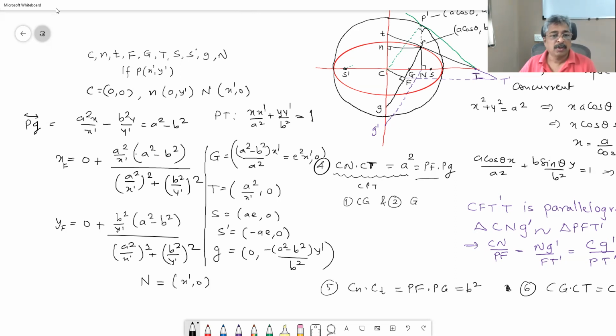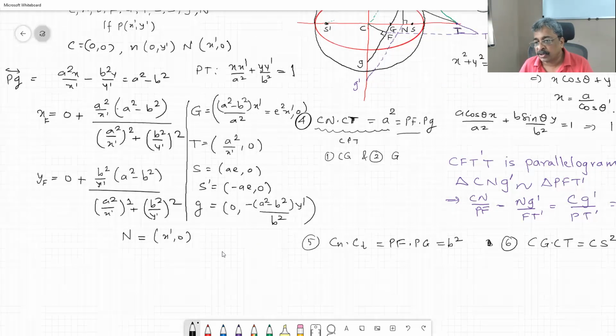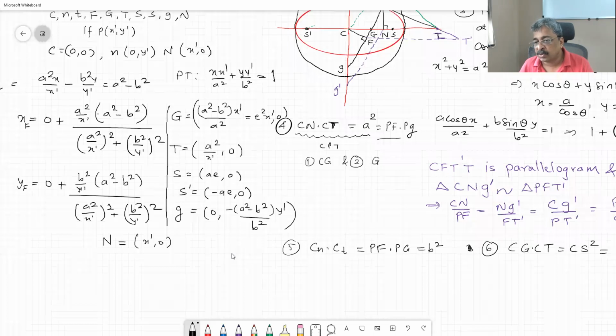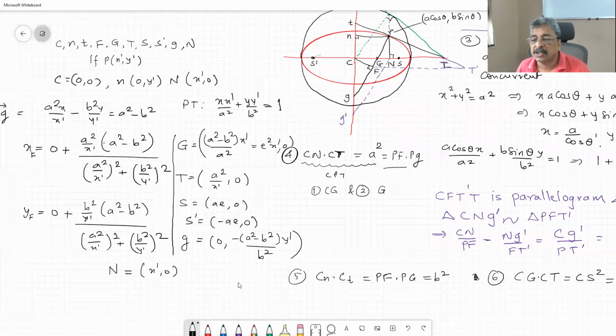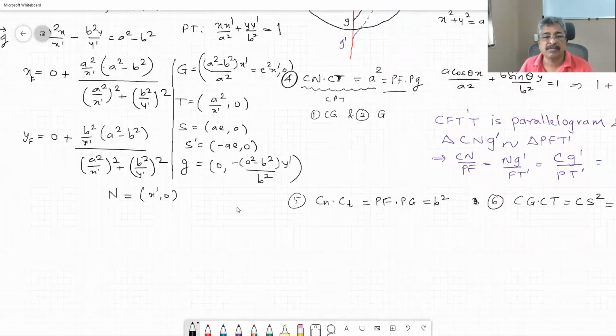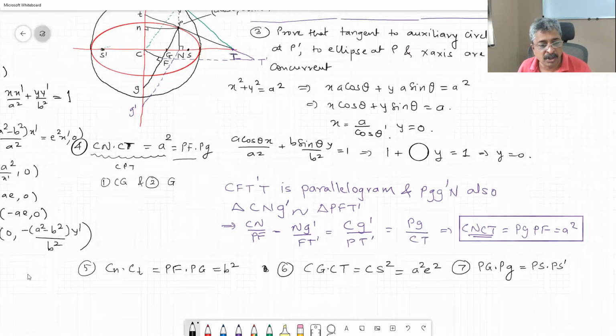I hope we have found out everything, and now let us do one particular evaluation. Maybe Cg into Ct is equal to Cs square. Let us see if we get it, or we will do it where capital F is involved.